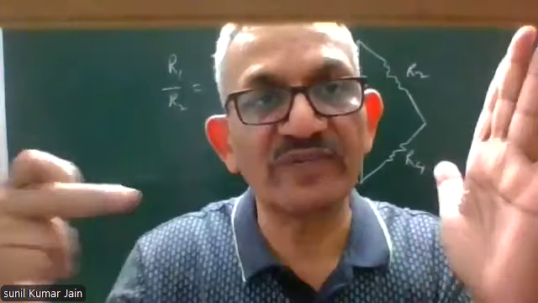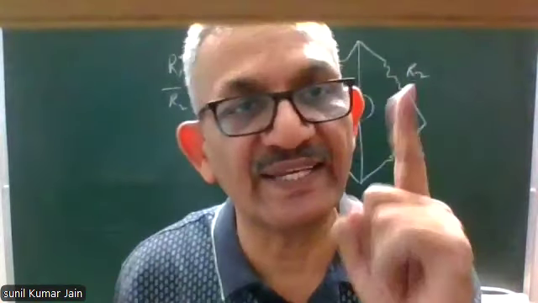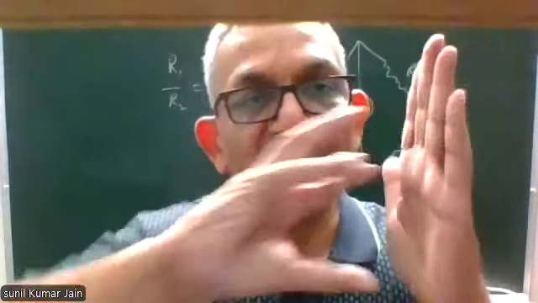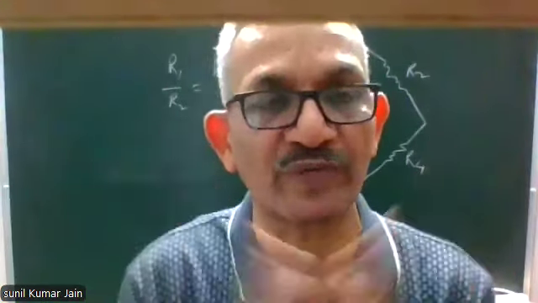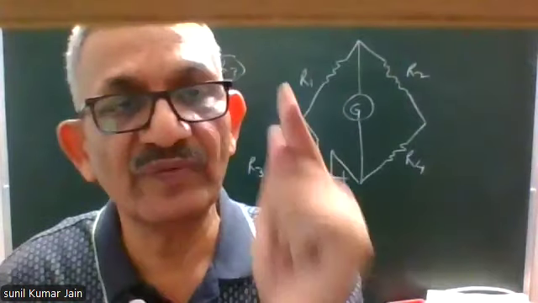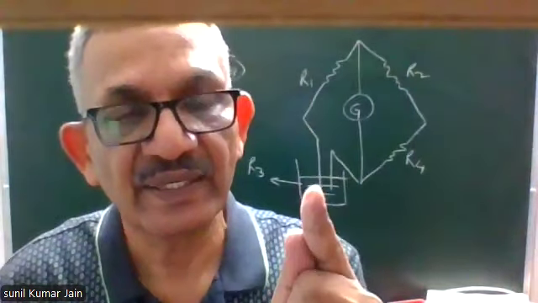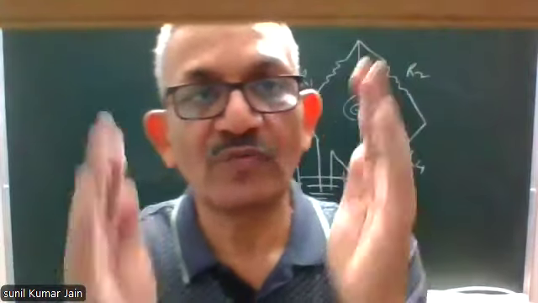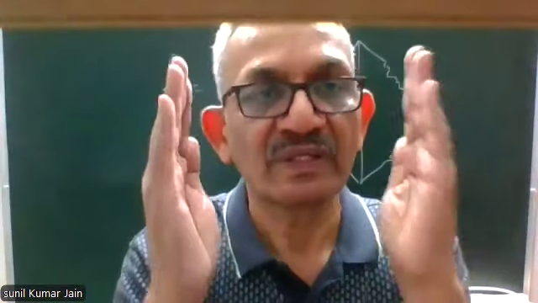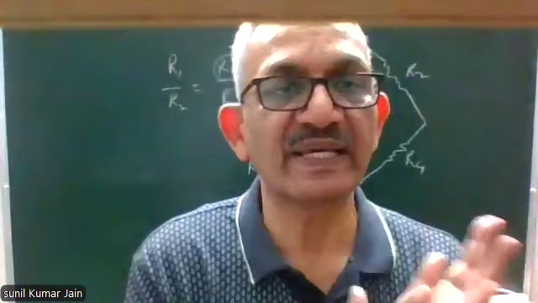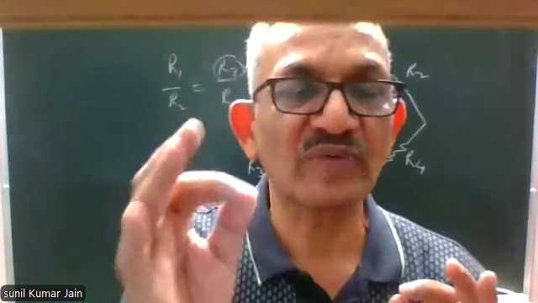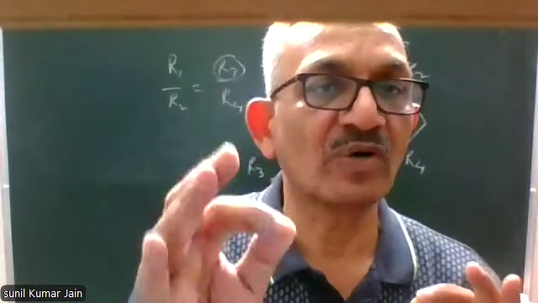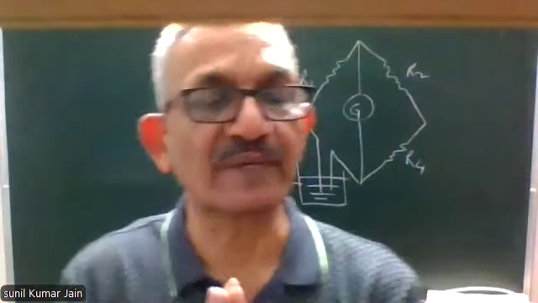So the distance between electrodes, L, is fixed, and the area of cross section, A, is also fixed. Since L and A are fixed for this conductivity cell, the value of L by A is called the cell constant, because this value will be fixed for a particular conductivity cell.